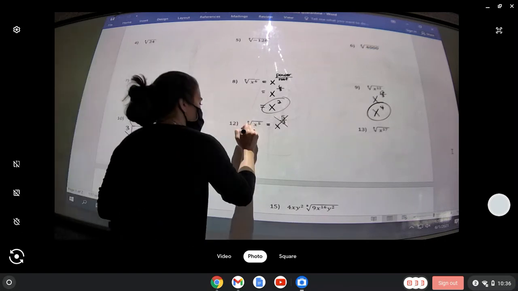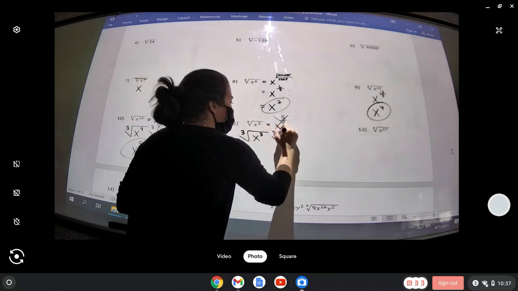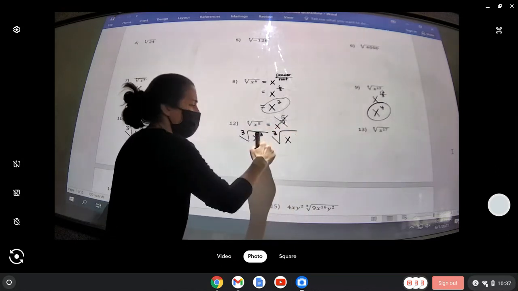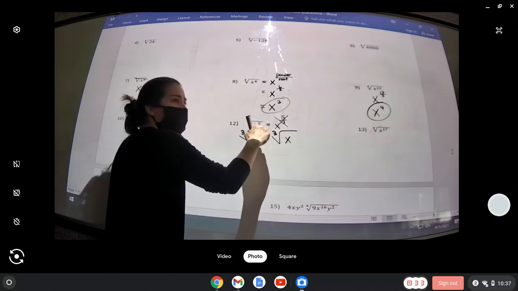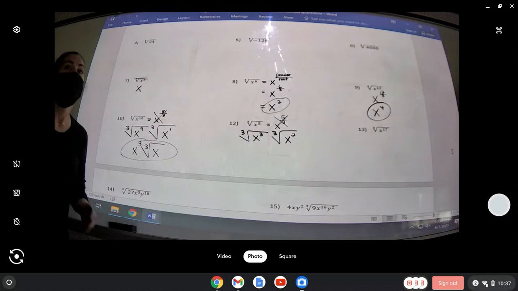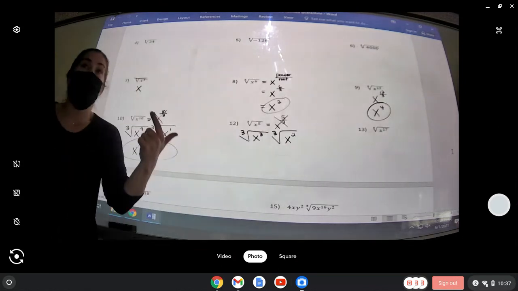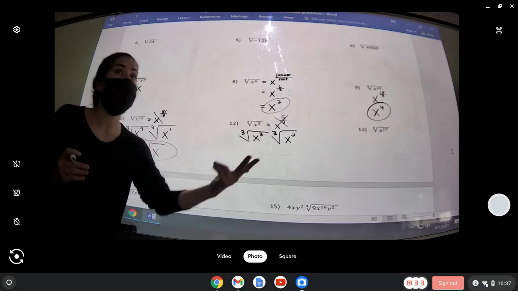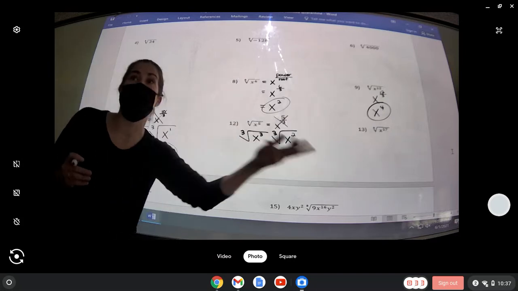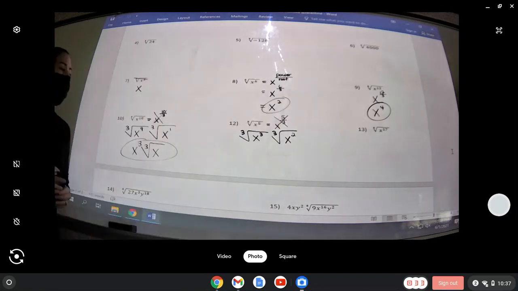So we're going to break this up into the third root of x to the third times the third root of, well, how many x's are left over to get back to 5? Now there's 2, right? X squared is left over. Because remember, only every 3rd number divides by 3, so you could either have 1 left over or 2 left over, and then that third one will divide by 3. So you might have an x or an x squared left over.